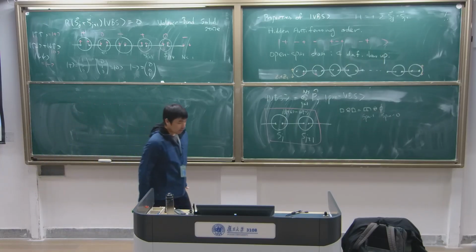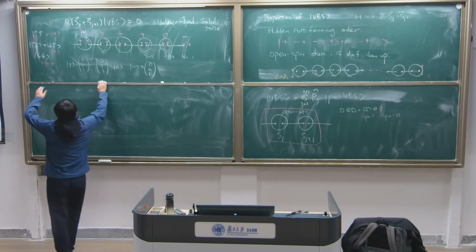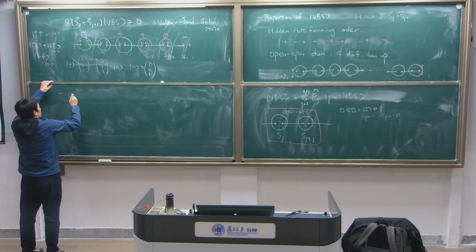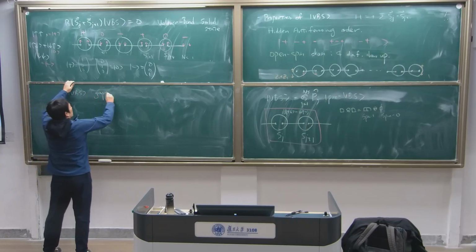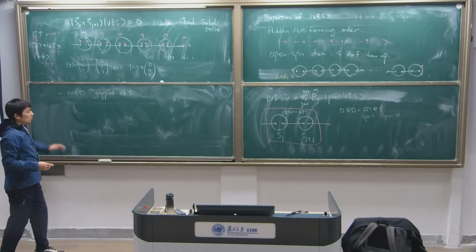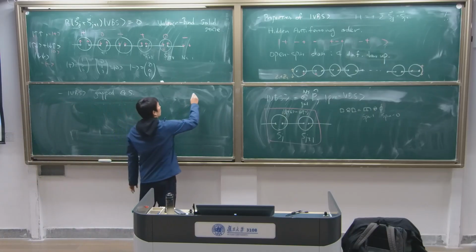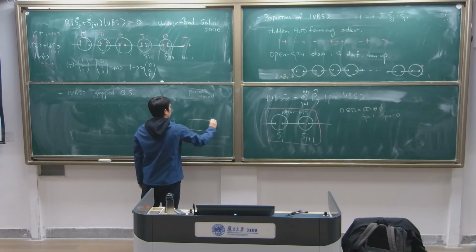Okay. And then from now on, we need to show that there is a gap to the ground state. So the spectrum is something like this. For the closed, periodic spin system, the energy spectrum is really like this.